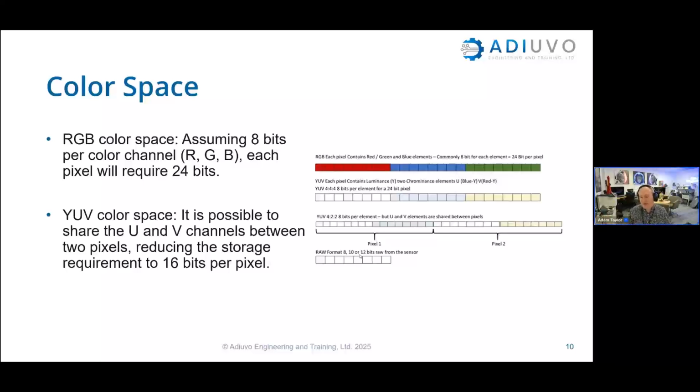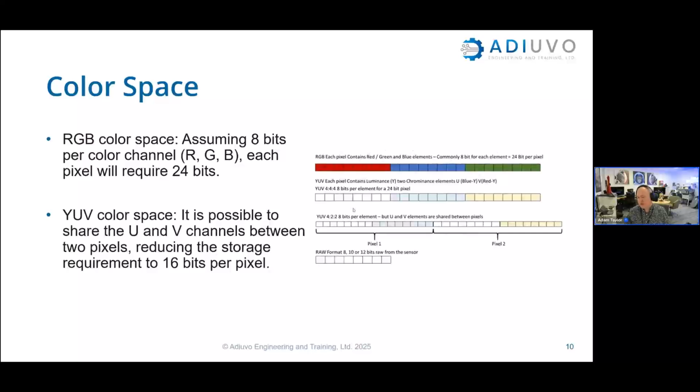If, however, we want to convert that into a color pixel, we will put this through a de-Bayer processing stage within the FPGA. What this will do is convert this 1 pixel into a pixel that has 3 color channels within it.